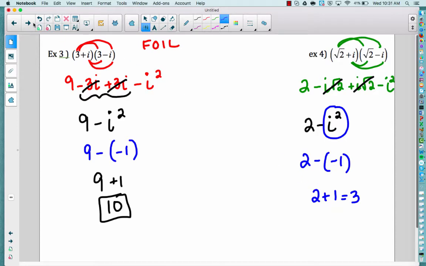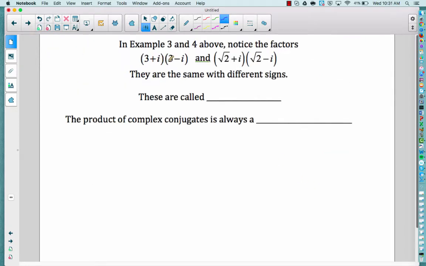All right. So what's important here, guys, is that in examples 3 and 4, the factors, 3 plus i and 3 minus i, and 2 plus i, 2 minus i, are the same binomial with different signs. It's actually the difference of two squares pattern. Okay?